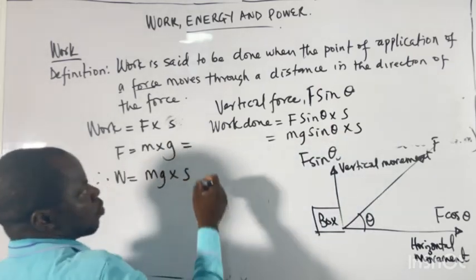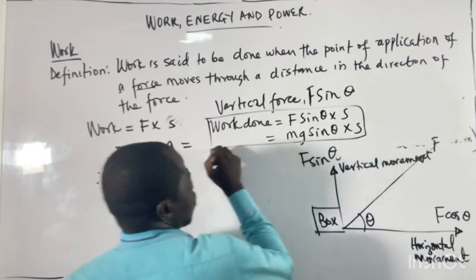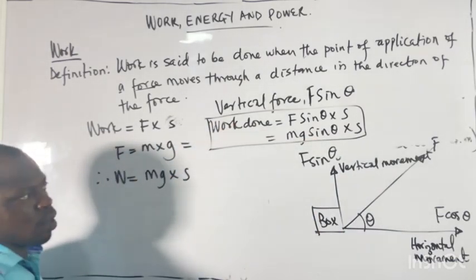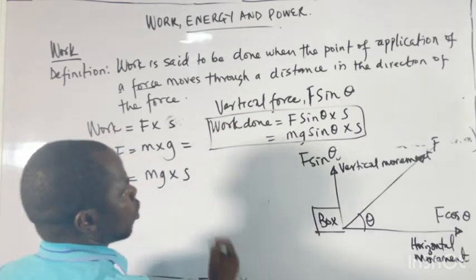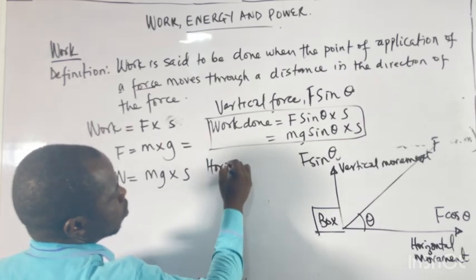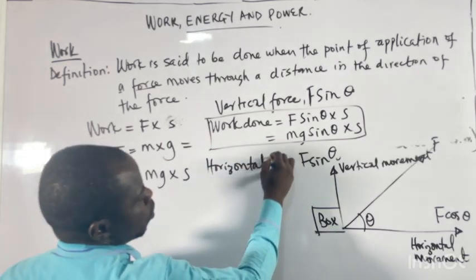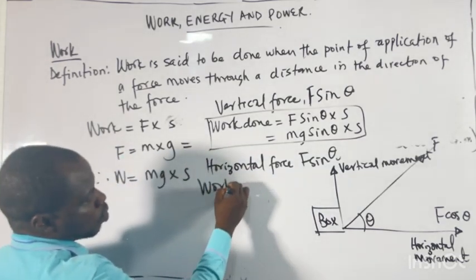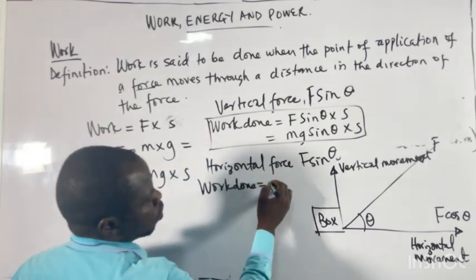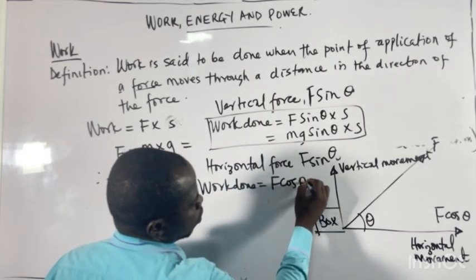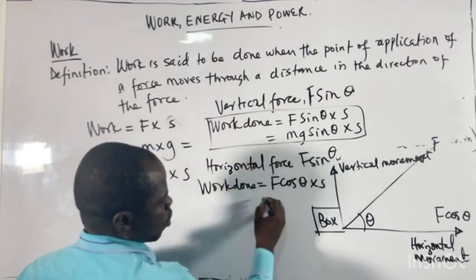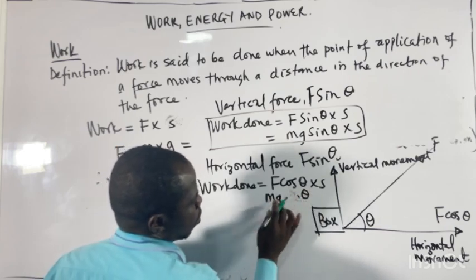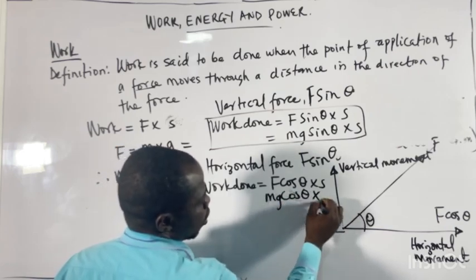Let's take note of the formula, because when the need arises, we know what we are applying and how to apply it. And also, when you look at the horizontal force, in that case, you can see that the work done is equal to F cos theta times distance, which is also equal to mg cos theta times distance.